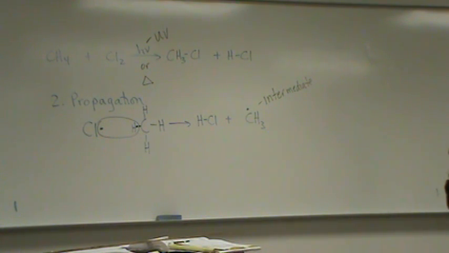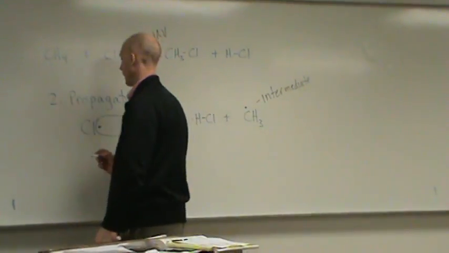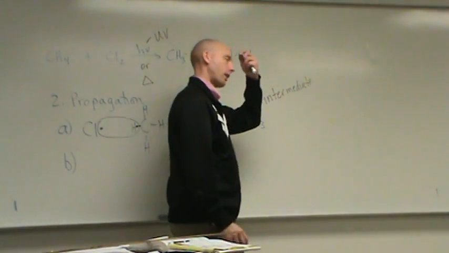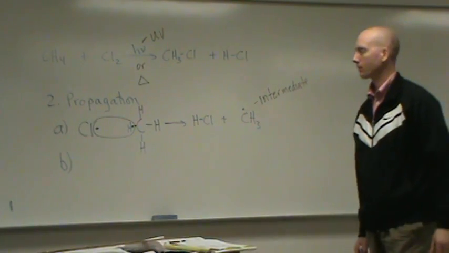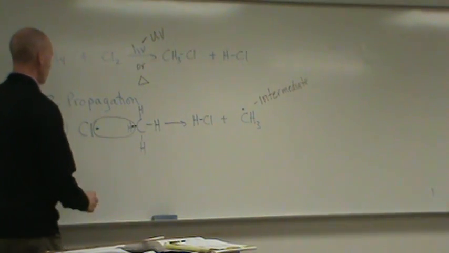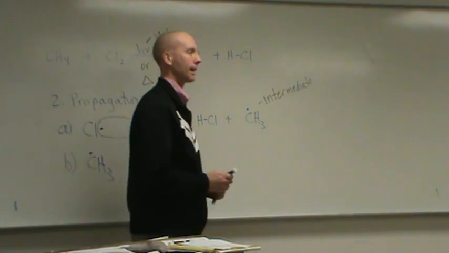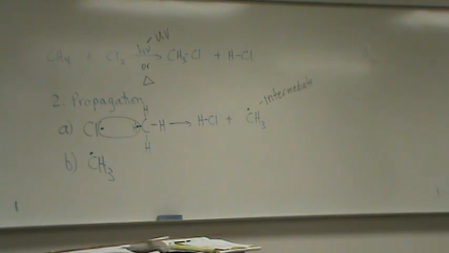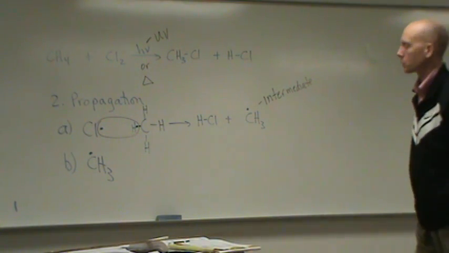So the propagation step, there turns out to be two steps involved with it. So we'll call this first step A. And let's go down here and look at the second step that we'll call B. Okay? In B, we will use the new radical we have formed, CH3 dot. Okay? And what do you think the methyl radical is going to react with? Well, this is where I need to give you a little help.